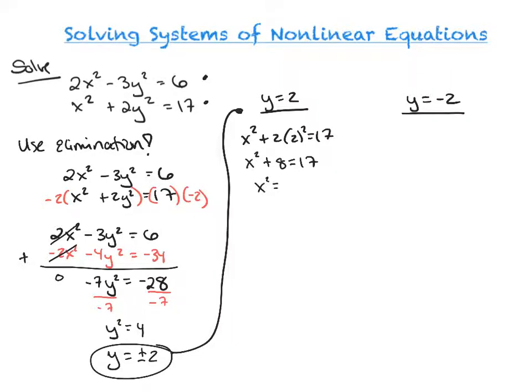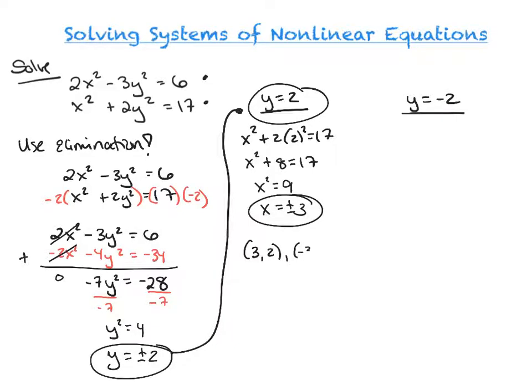So x squared equals 9. So x is plus or minus 3. So this tells me x is 3 goes with y is 2, and x is -3 goes with y is 2.